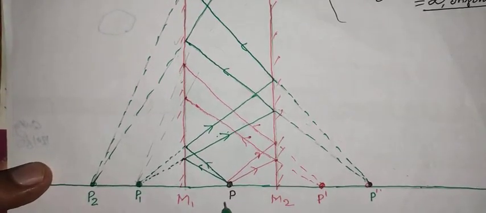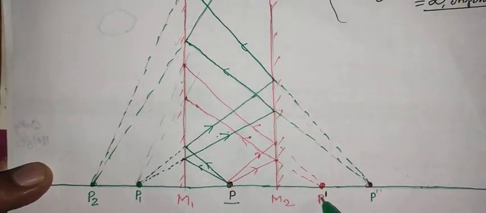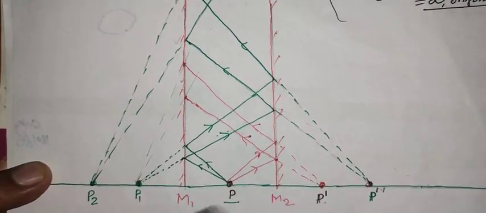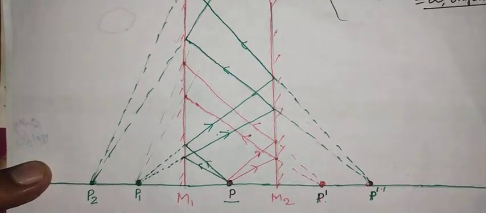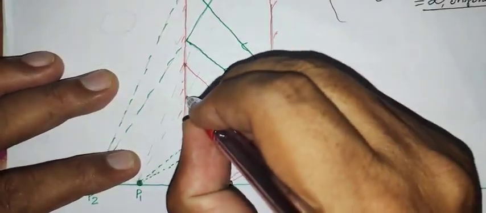The real object P, point object, P1, P dash, P double dash, P1, P2.